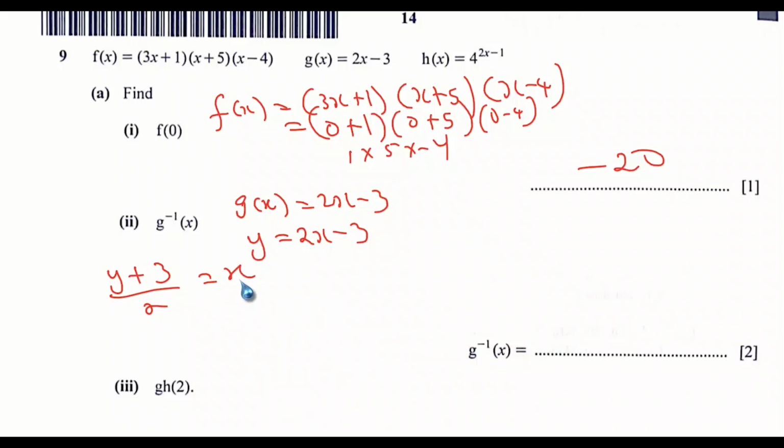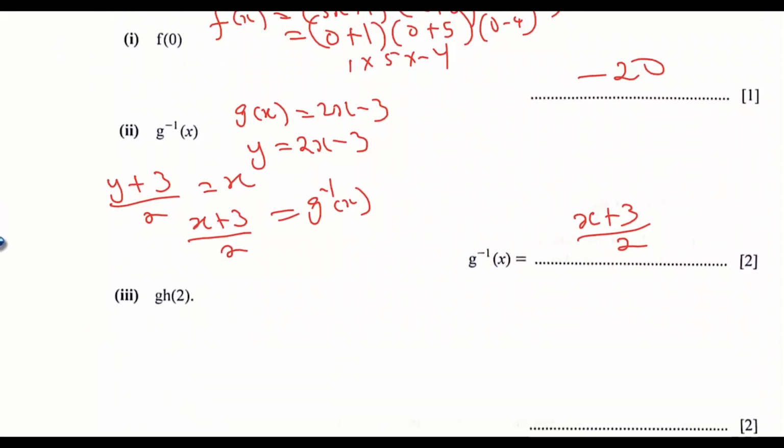So we have made x the subject of the formula. Then the next thing we need to do is to replace y with x and x with g inverse of x. So that means we're going to have x plus 3 over 2 equal to g inverse of x. So the inverse is x plus 3 over 2.